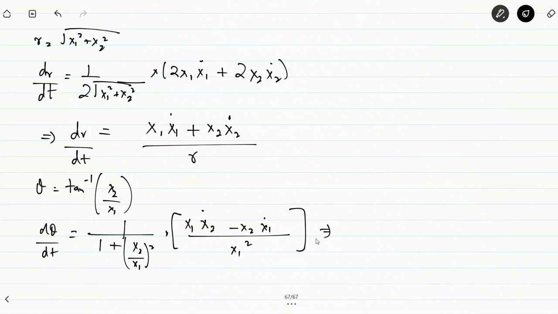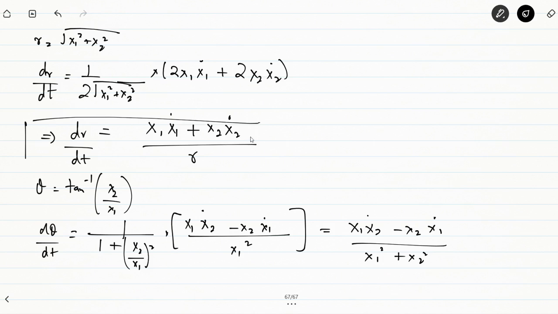So this is equal to x1 x2 dot minus x2 x1 dot divided by x1 square plus x2 square. So this is your dr by dt and this is your d theta by dt.